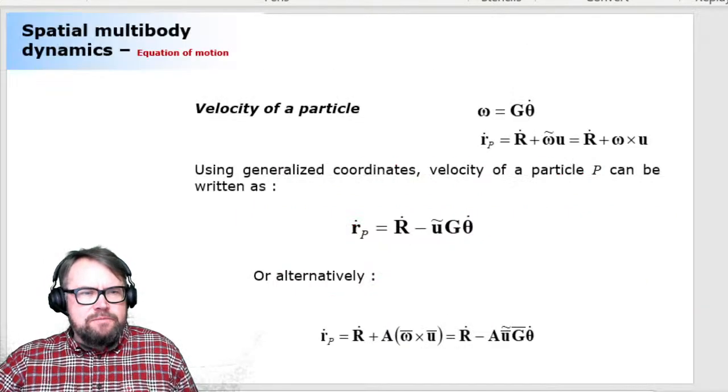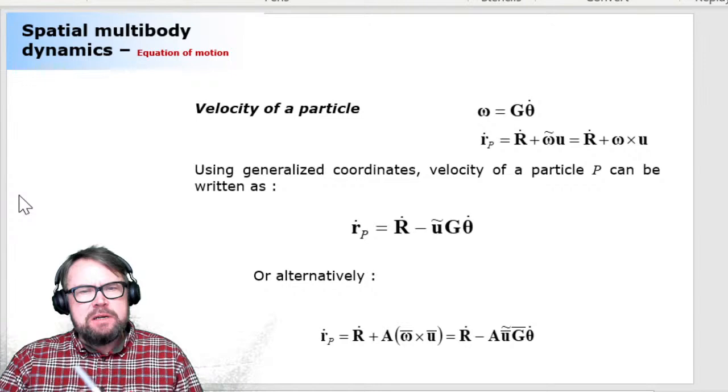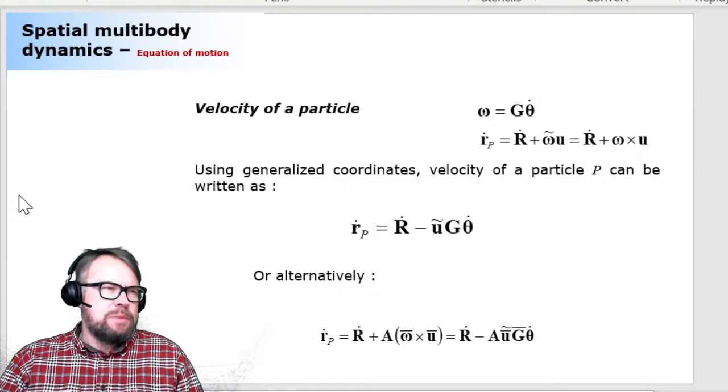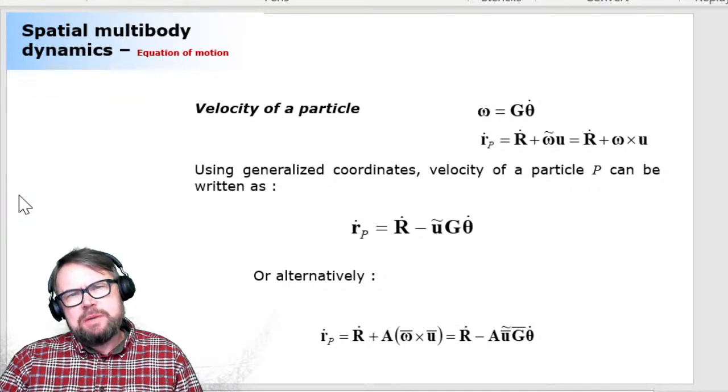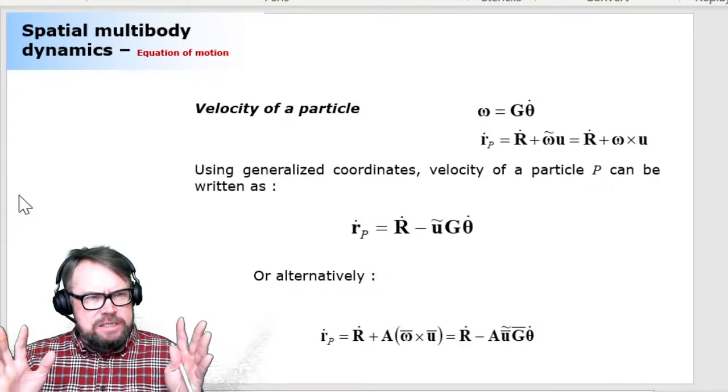Okay, so now what I will do here is speed up a little bit, because this has become a bit of a nasty story. It's going to be this G over and over again, and we're going to use the G in different ways. But the bottom line of the story is this.